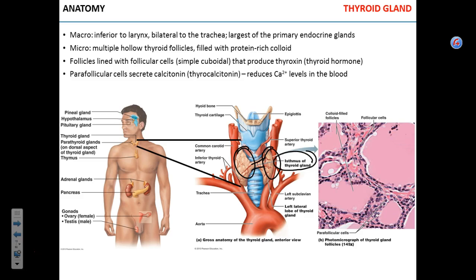Good? Now, if you make a slice of it and put the slice under the microscope, this is what you're going to see. If you had a chance to look at simple cuboidal epithelium in AP1, one of the sample specimens that we use is the section of thyroid gland.